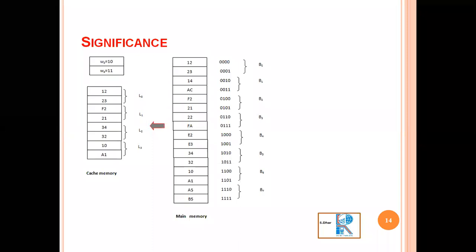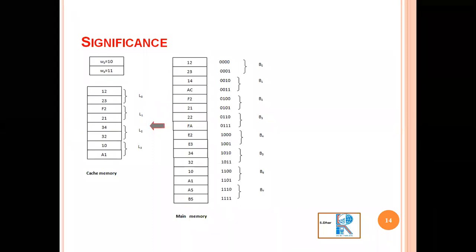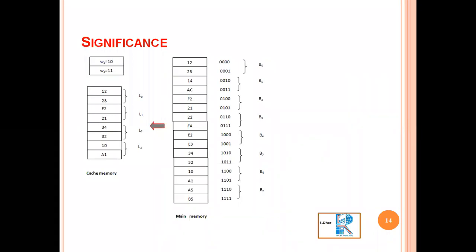What is the advantage? Obviously there is no chance of collision, because whenever there is an empty space, it will put the data there. Number two, the disadvantage: it is time consuming. Why? Because it has to search the whole cache memory sequentially to find the tag. In the previous case, it goes to the particular address, then checks whether the data is present or not.